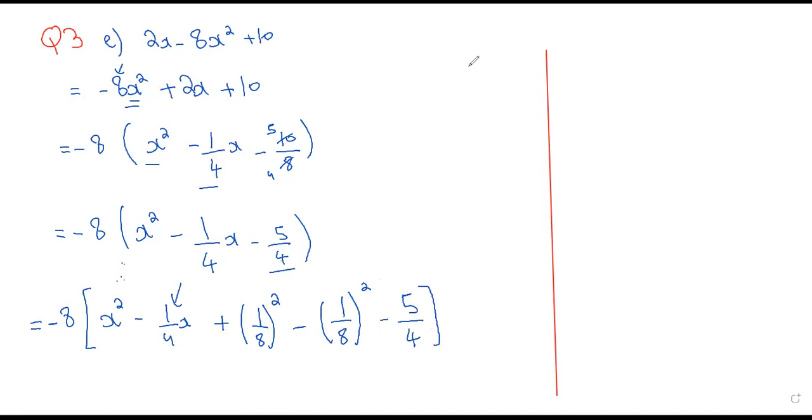For the next steps, I will write down minus 8 as it is. Square bracket open. This is a complete square. I have minus as the sign, so this would be x minus 1/8 squared. And then I would have minus 1/64.